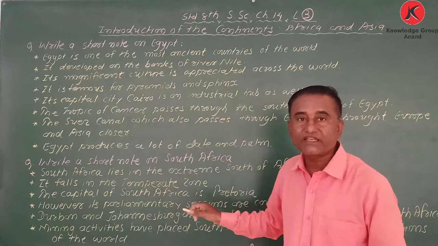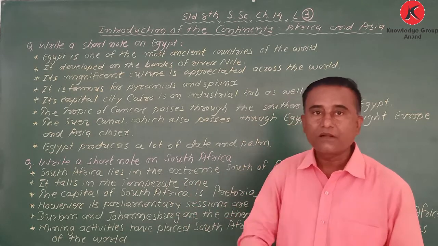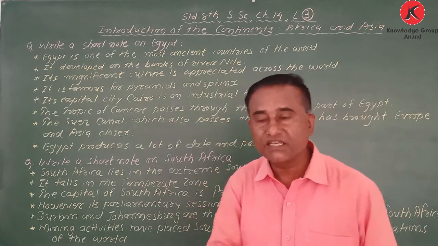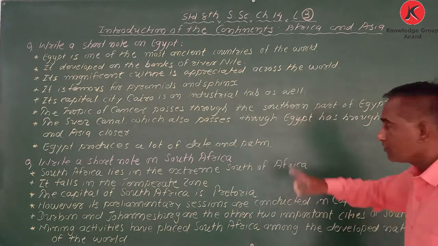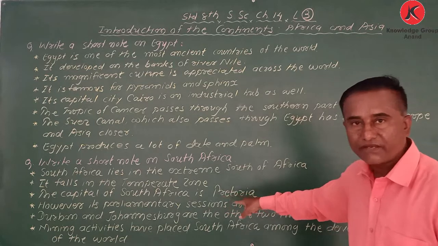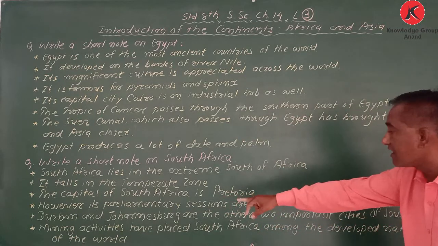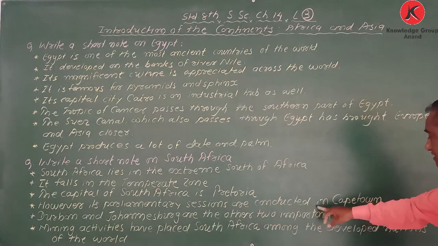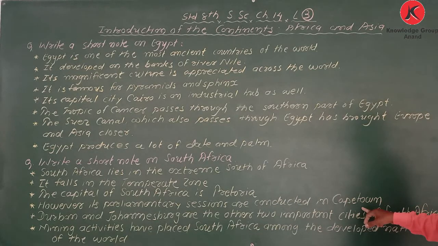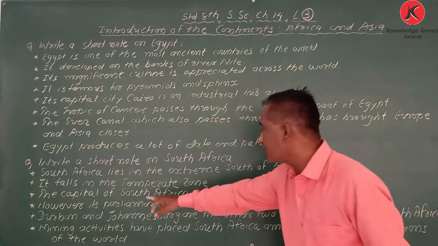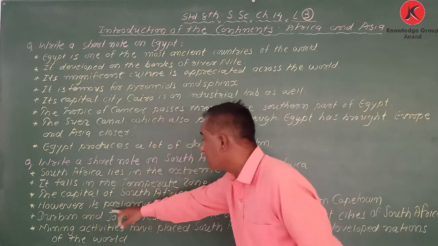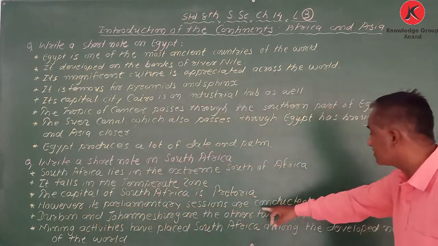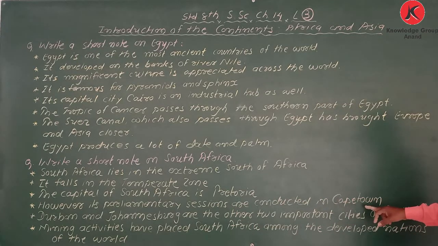Here Pretoria is the capital, but parliamentary sessions are conducted in Cape Town. Got it? So the capital of South Africa is Pretoria, however its parliamentary sessions are conducted in Cape Town.